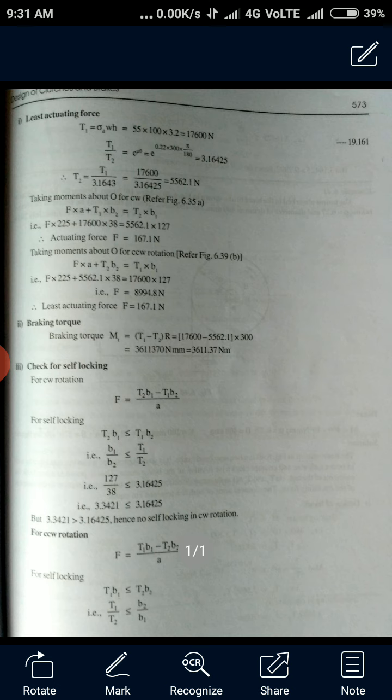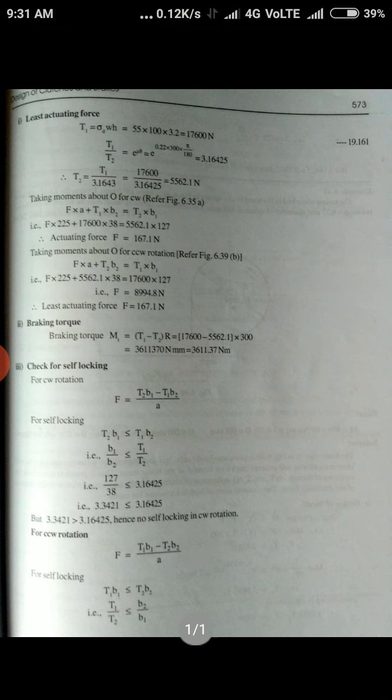So what should be the condition? T2B1 less than or equal to T1B2. If T2B1 becomes less than T1B2, it becomes a negative value. When it becomes negative or zero, then there is self-locking. That's why T2B1 should be less than or equal to T1B2, then only is there self-locking. Rewriting, B1 by B2 less than or equal to T1 by T2.